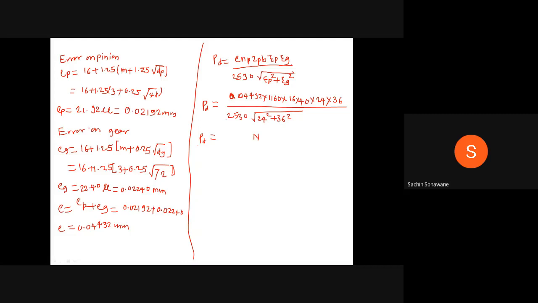What is the answer? Anyone can tell? Okay, roll number 50. Pranay, what is the answer?